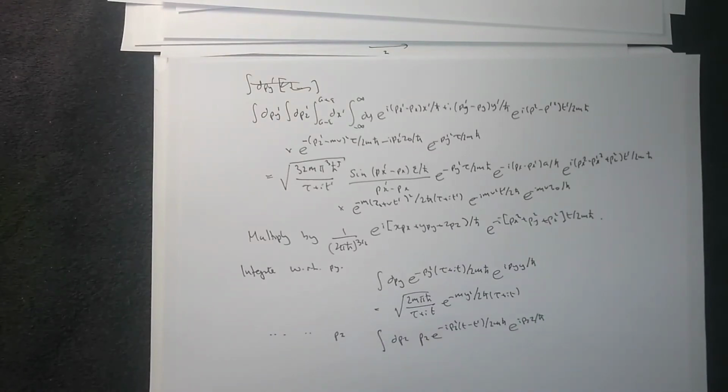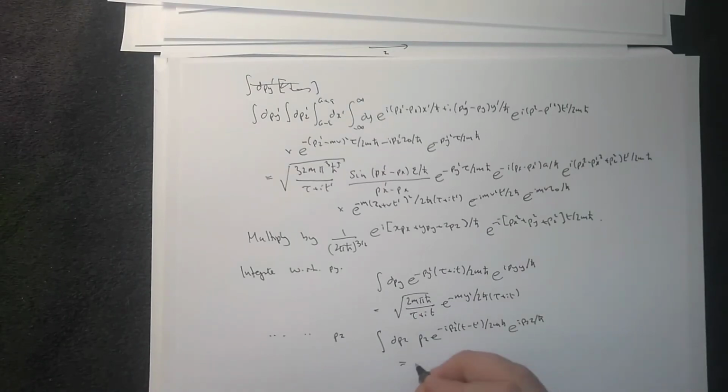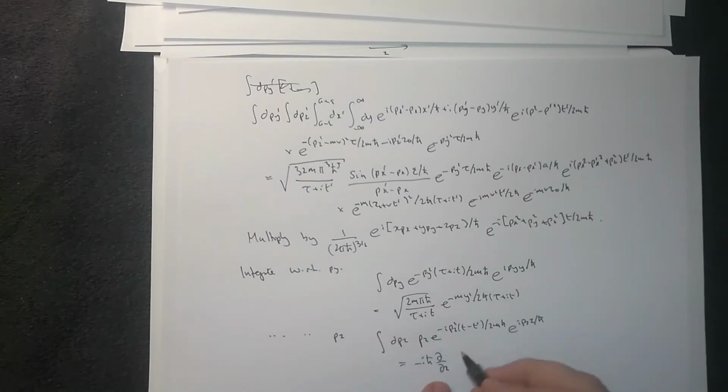Now this is a little bit tricky because this thing actually diverges. You can make sense of it as a distributional result, or we can just use the fact that p_z has a representation of minus i h bar d by dz and use that and then apply that to the integral.